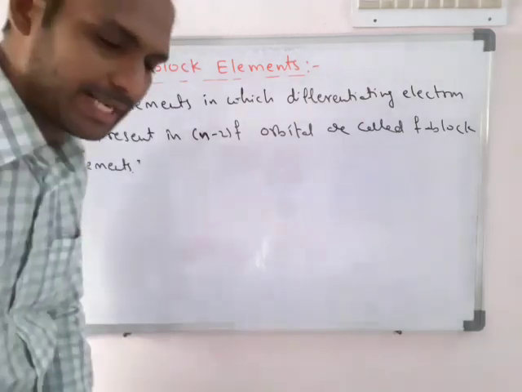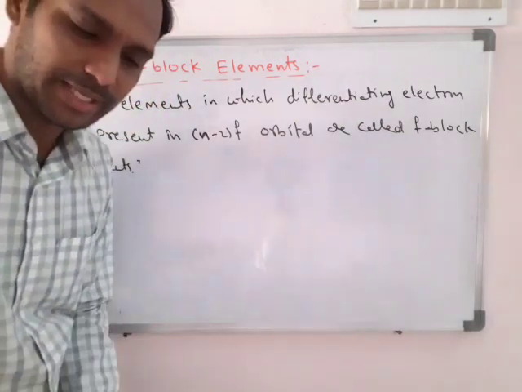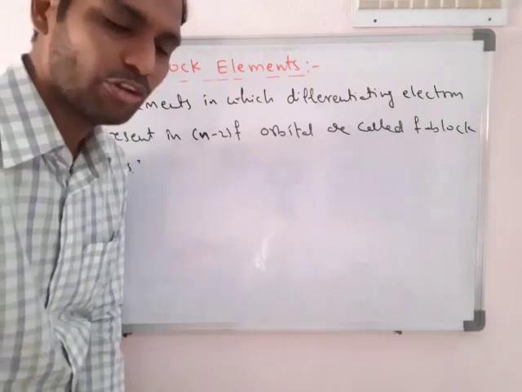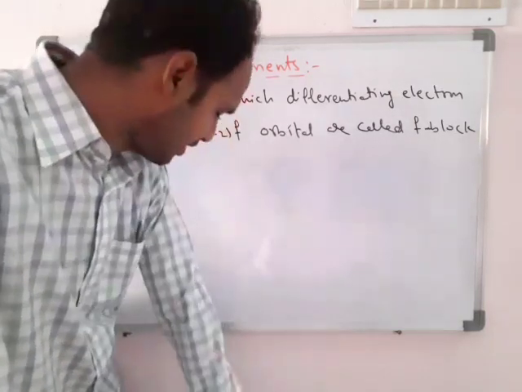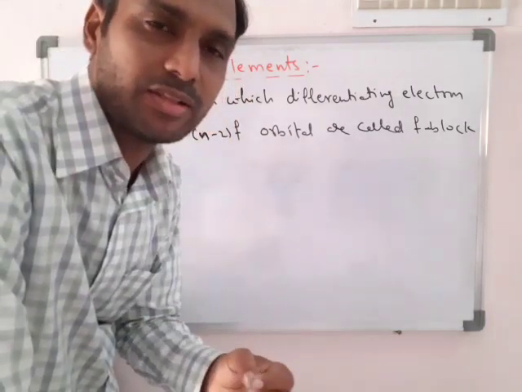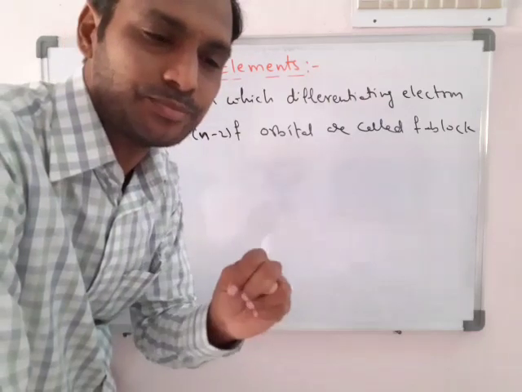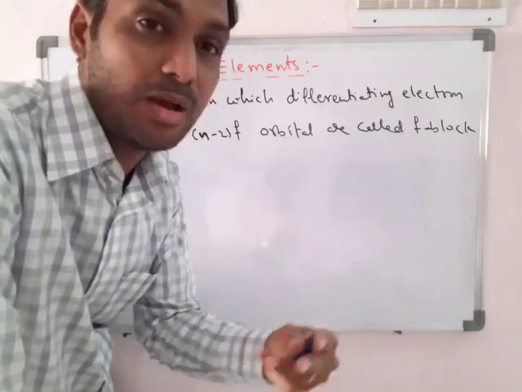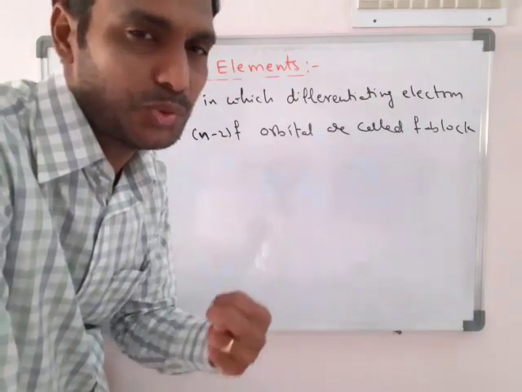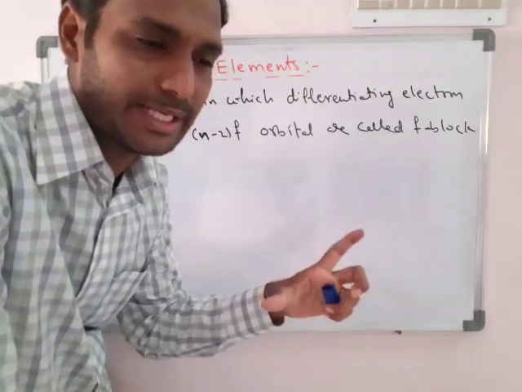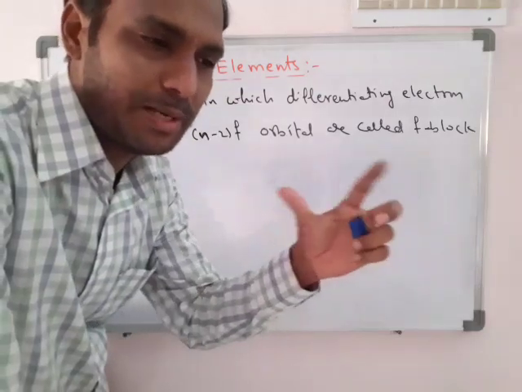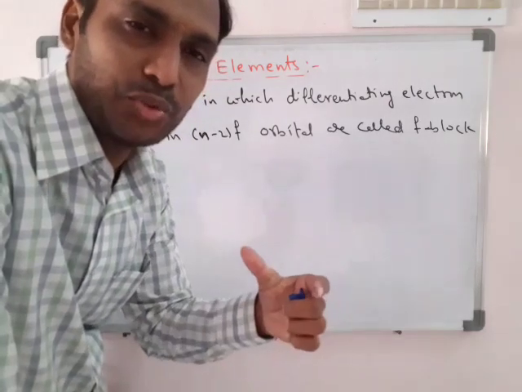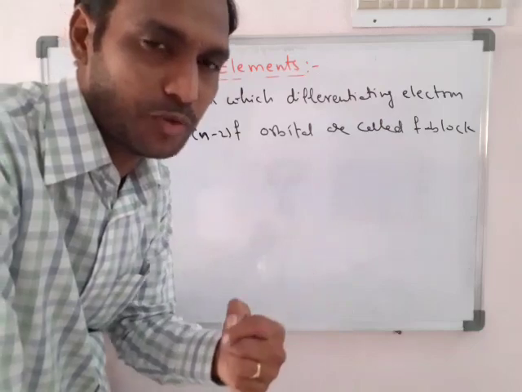If you observe the periodic table, the elements which have this character are lanthanides and actinides. They are the elements taken at the bottom of the periodic table in two rows. Below the main periodic table body there are two horizontal rows, 14 plus 14, 28 elements.